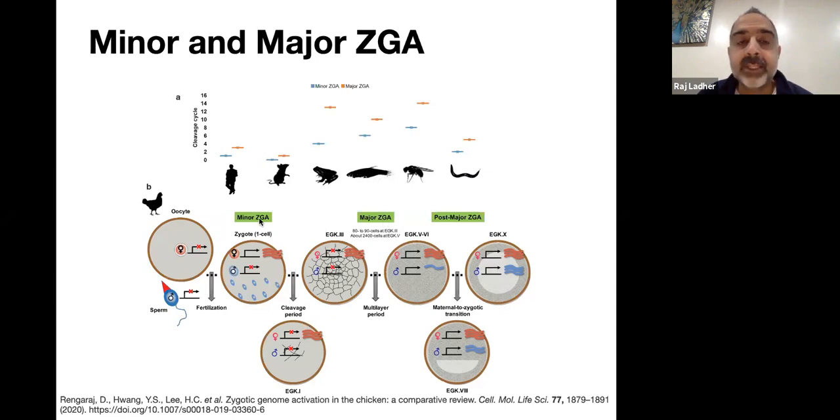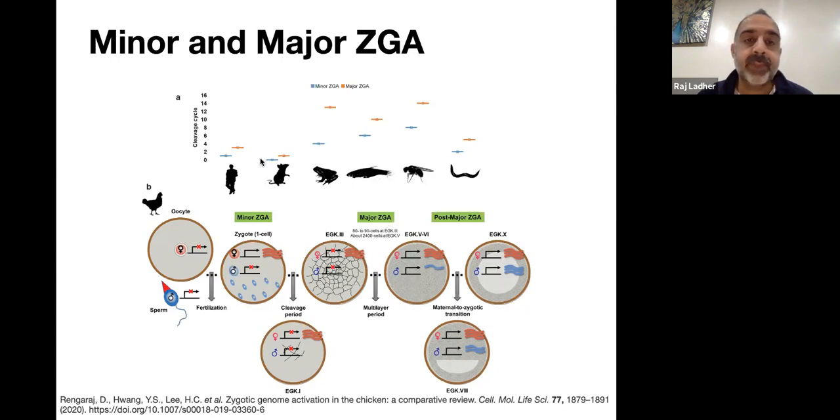A minor ZGA is when some of the zygotic genes are activated, not all of them, but just a very small percentage, and this percentage can range from about 5 to 20% of genes are activated, and these are activated very early. The major ZGA activates almost all the genes, so all genes are activated at major ZGA. All zygotic genes that need to be activated are activated then, and at the same time, the maternal RNA and protein components are destroyed as well.